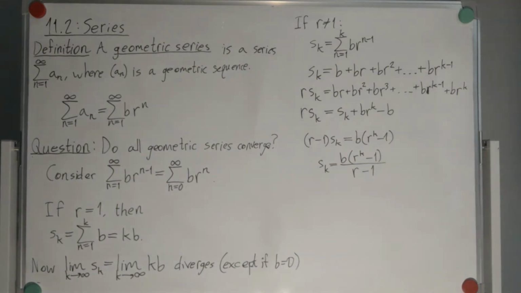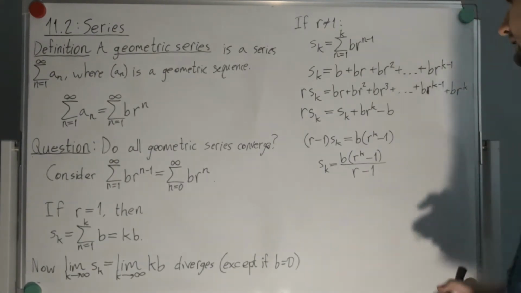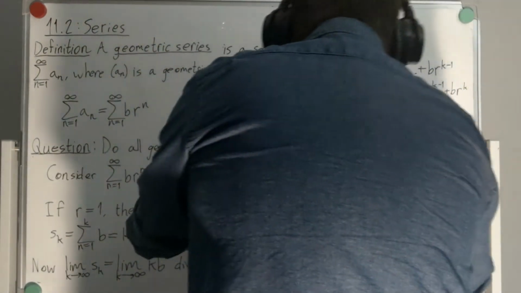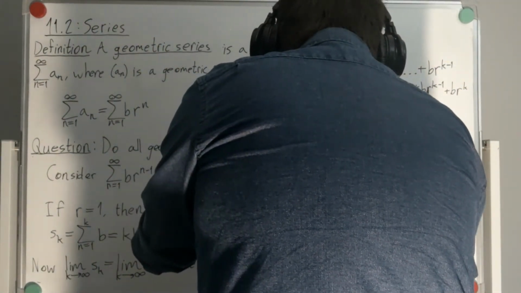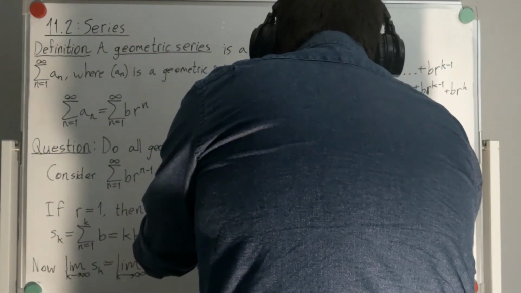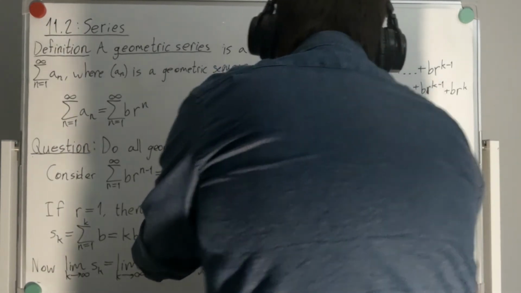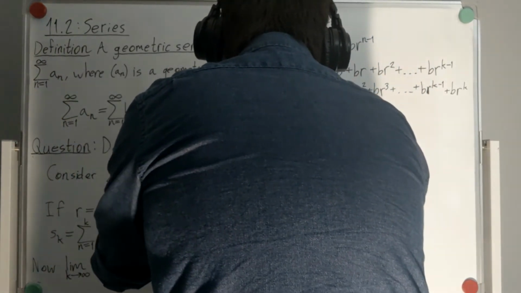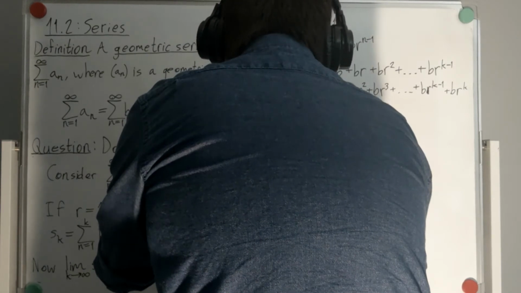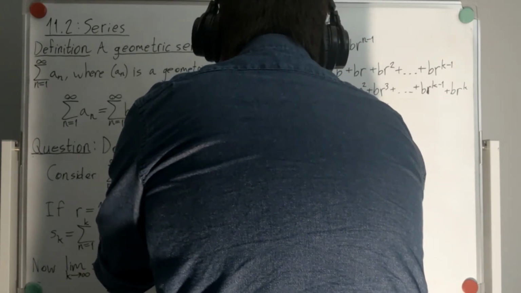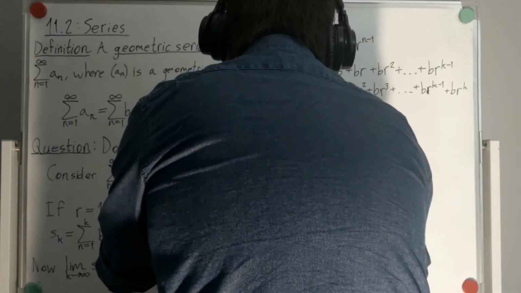Now, let's think about if we take the limit of this. Let's see here. We want the limit as k approaches infinity of sk, because that, by definition, is the sum from n equals 1 to infinity of b r to the n minus 1.